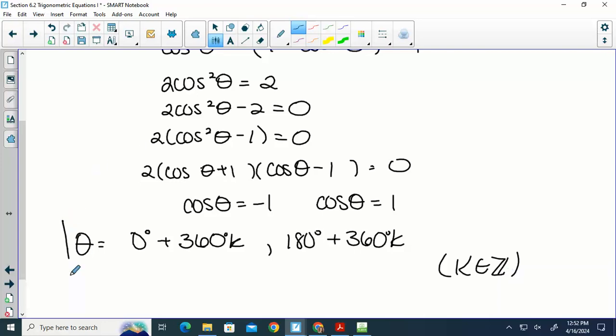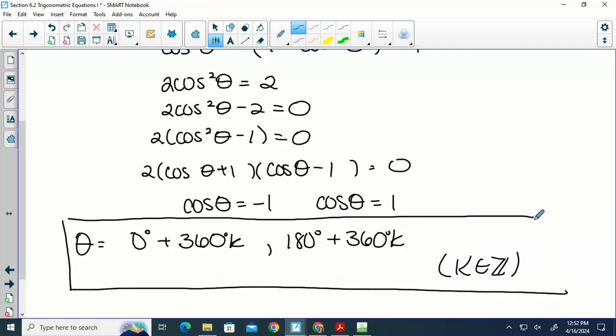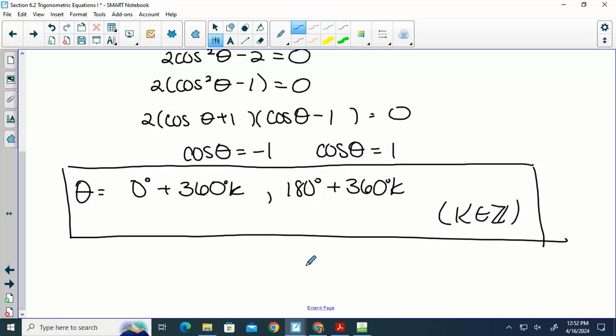Now, I just want to warn you. This answer could be written different ways. So how you have it is perfectly fine. But if you realize, here's 0, here's 180. Every time we hit this one, it's the solution. Every time we hit this one, it's a solution. You could do 0 plus 180. So isn't it every multiple of 180 we're hitting?